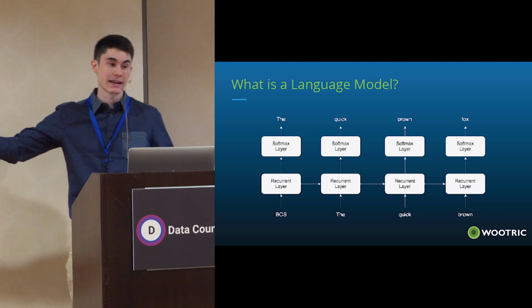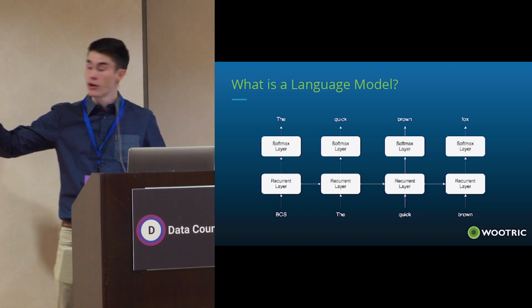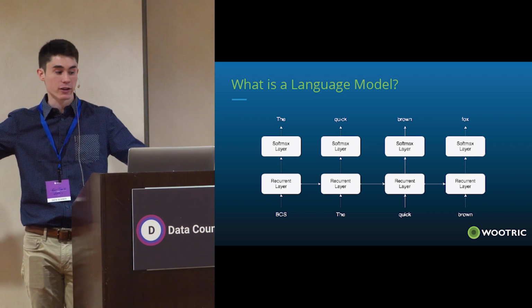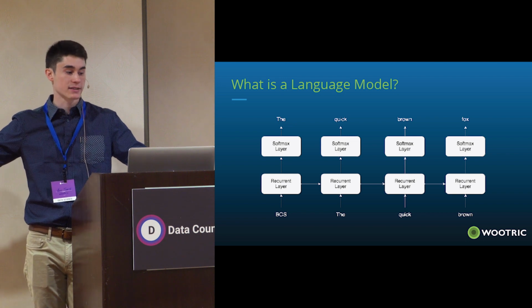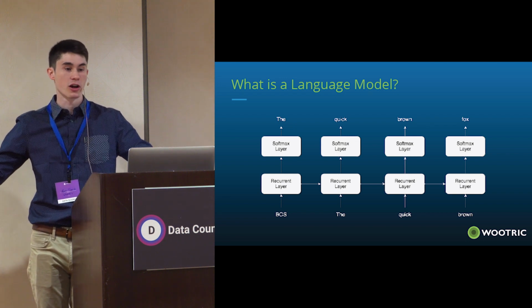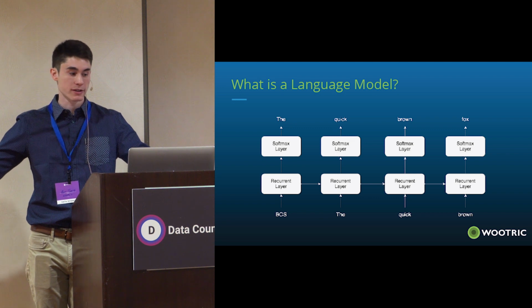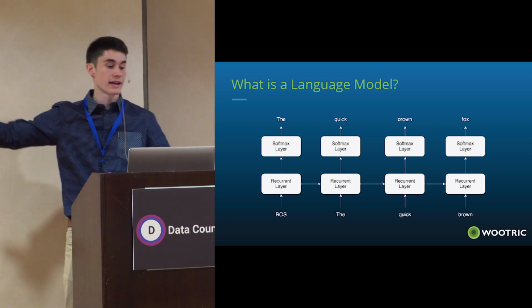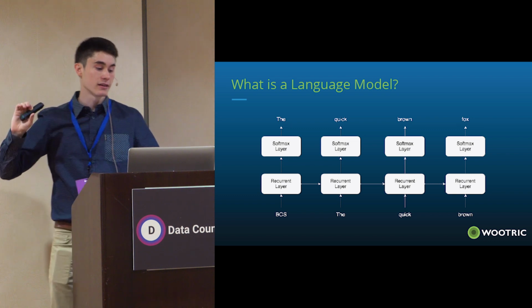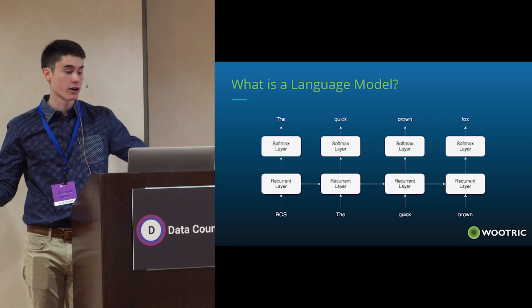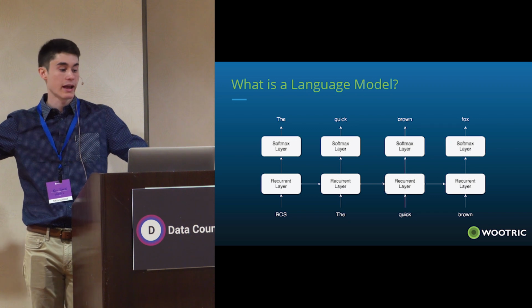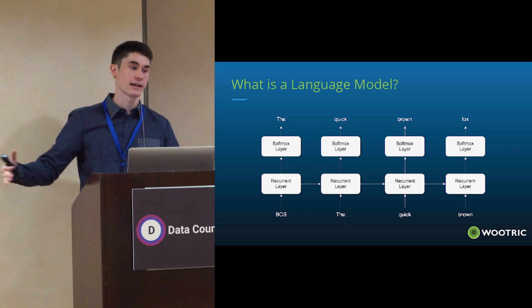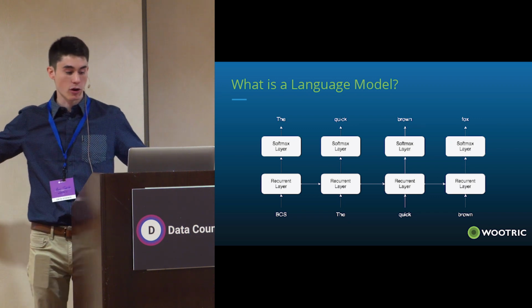We start with a beginning of sentence label, and send it into a recurrent layer, which feeds into a softmax layer, which gives us a distribution of our predicted next word. We train the first part of the sequence, expecting the word the. Then, in the next input, we input the and train it to expect quick. Then we input quick and train it to expect brown, and so on.